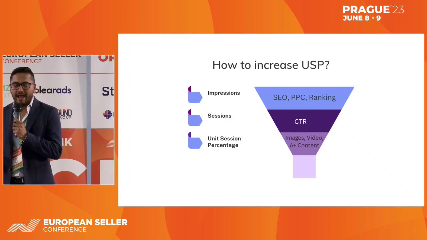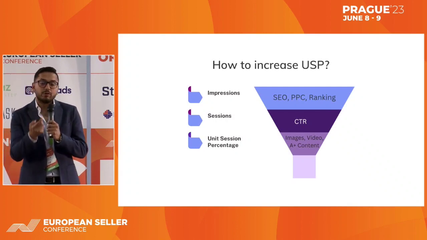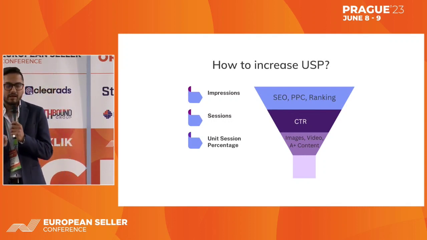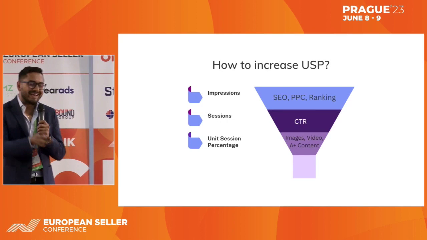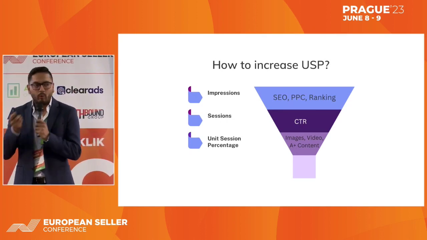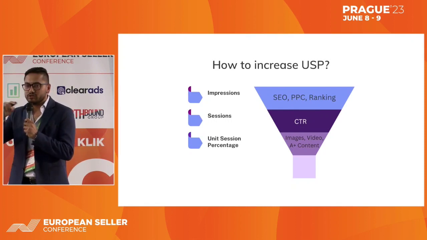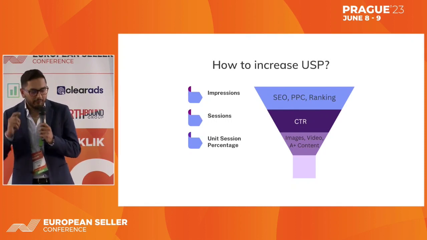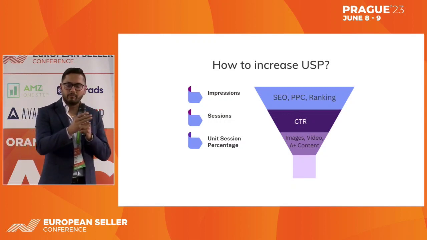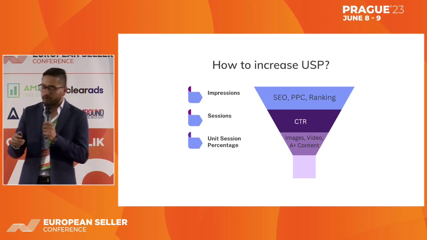As a business owner or Amazon seller, you should be focusing on the highest leverage activity, something that creates the biggest impact, like the 80/20 rule. The 80/20 rule in Amazon creatives is your CTR. If you could figure out ways to increase your CTR, it could be a game changer for your business.